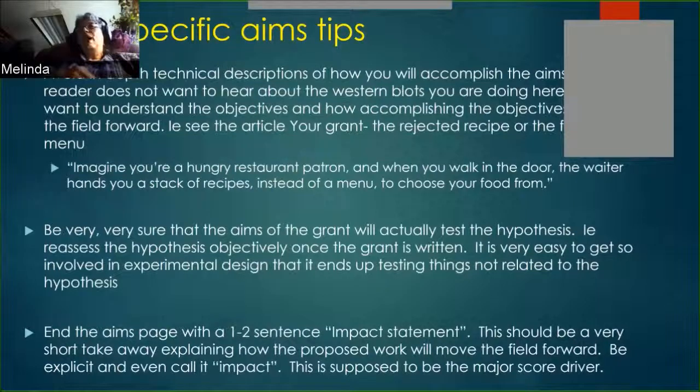So very often people will tell you to write your Aims page, then work on your research plan, which is fine, but at the end, maybe a week or two before submission, when you have your research plan largely done, make sure that the Aims page still appropriately reflects what you are doing in your grant. It's easy for those two documents to diverge from each other because they're written at different times.